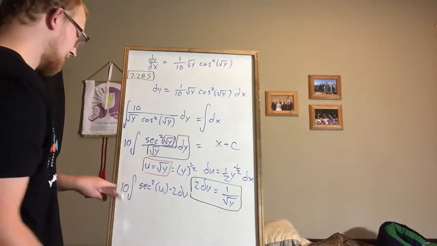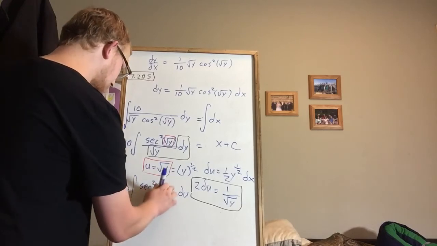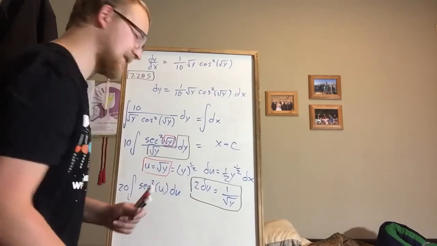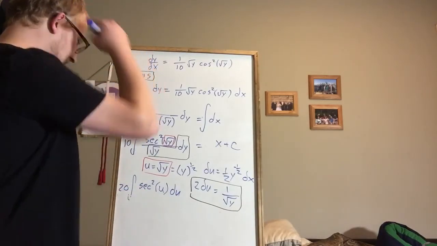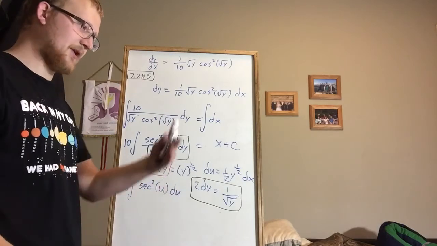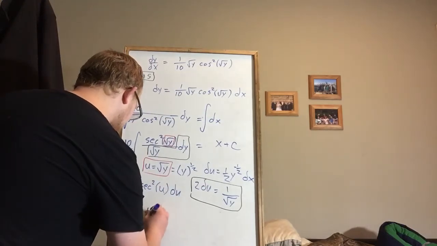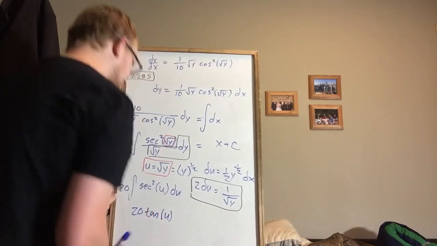We can pull the 2 out the front. 10 times 2 is 20. Alright. And now we're left with that secant squared, which, like I said, is tangent. The derivative of tangent is secant squared, therefore the antiderivative of secant squared is tangent. Tangent of u, 20 tangent of u.